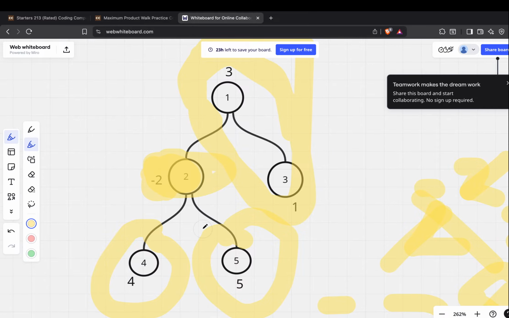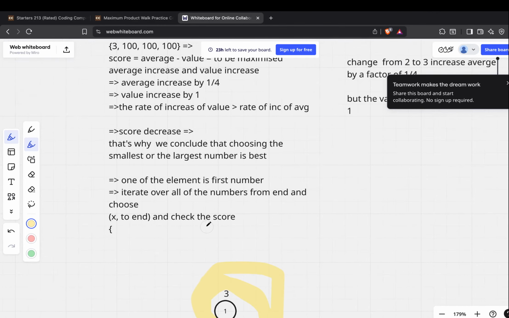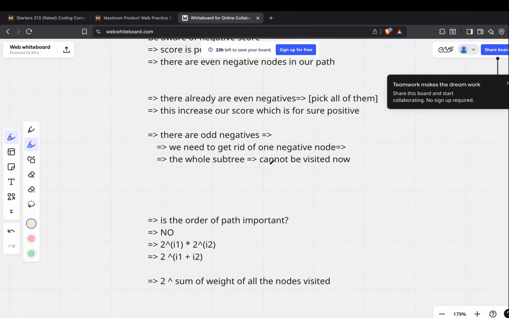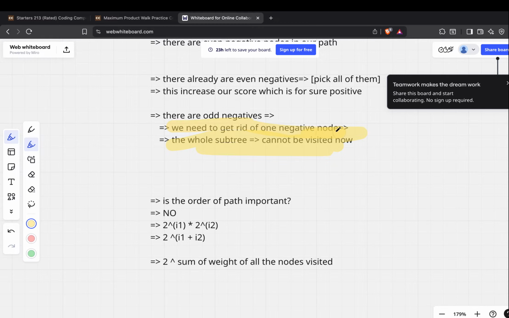All right. So this is what we conclude, and what we meant by the whole subtree cannot be visited, and we need to get rid of one negative node.